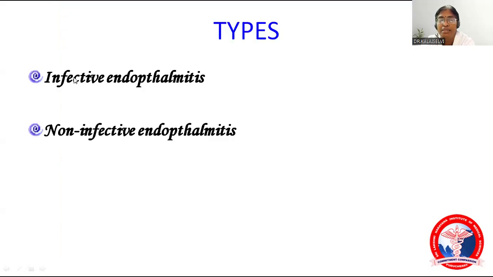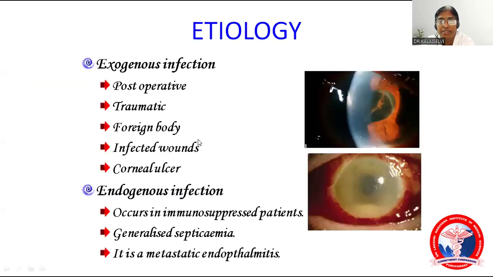Now, coming to types, it could be either infective endophthalmitis or non-infective. Etiology, how it happens: it could be exogenous, from the exterior, or endogenous infection can cause this. In exogenous infection, there is post-operative infection, traumatic infection, foreign body present, infected wounds and corneal ulcer. These are all infections from the exterior.